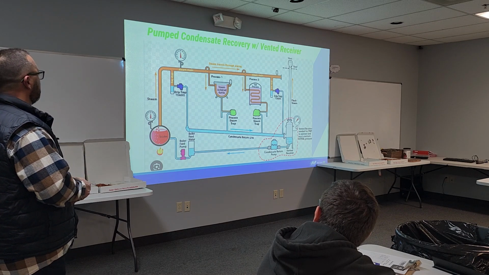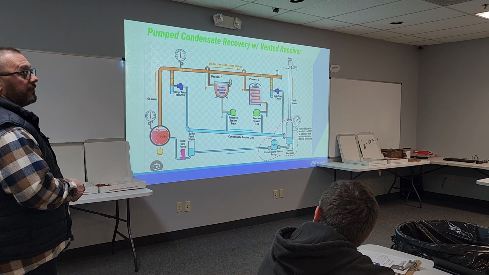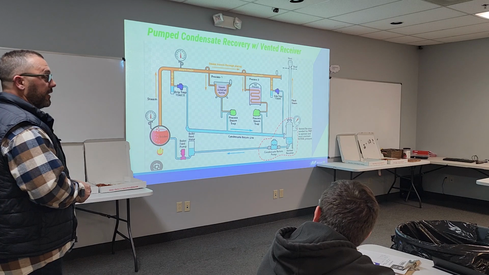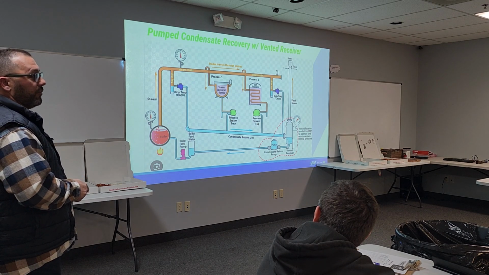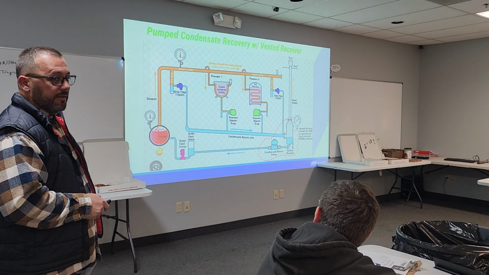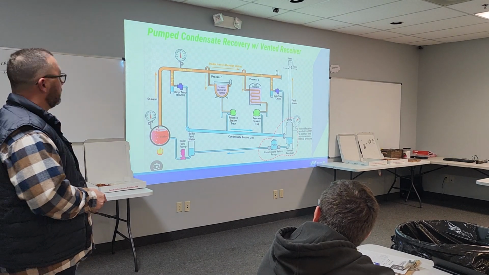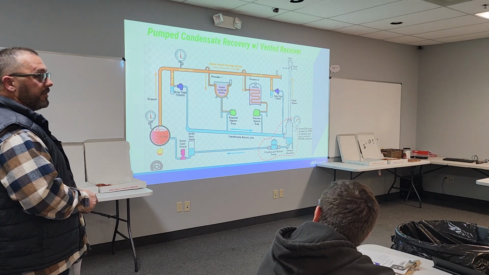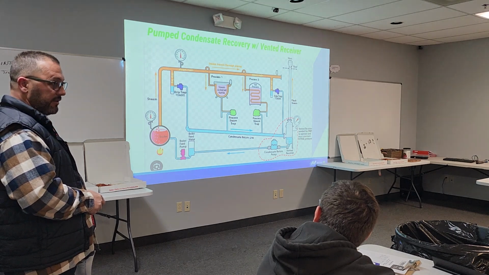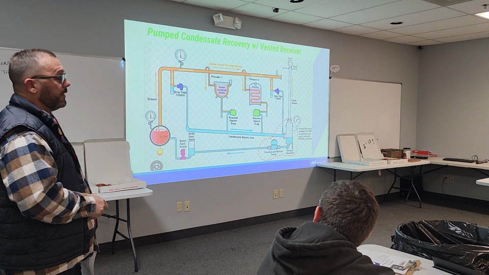You could use a bucket there if it was below 30 psi. These TD traps, regardless of the manufacturer, are rated all the way down to 3 psi. They do not work very well at all, especially under 20 psi. You get down into 10 or 15, and they just don't work.